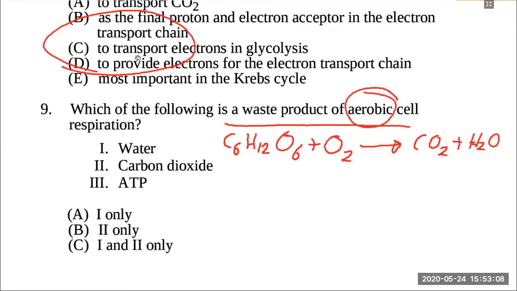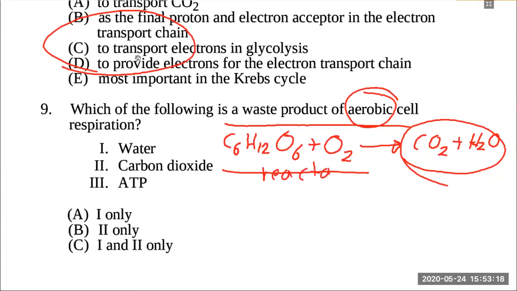These are the products, or we can say the waste products, and these are the reactants. But which products are the waste products? As we see, it's carbon dioxide and H2O.